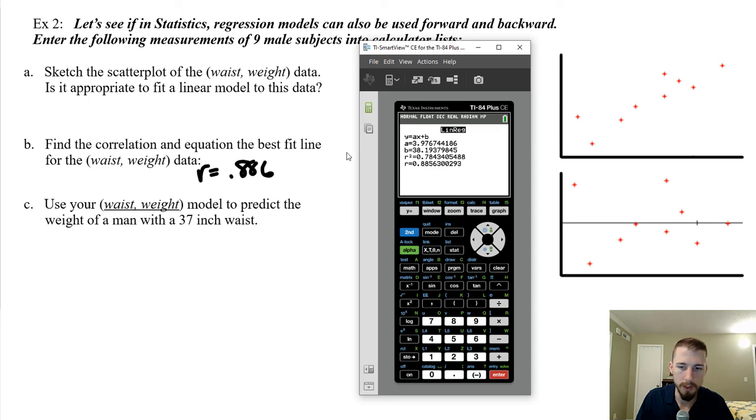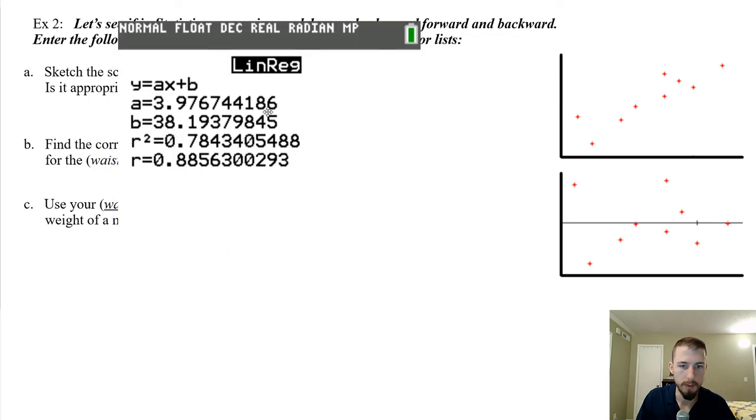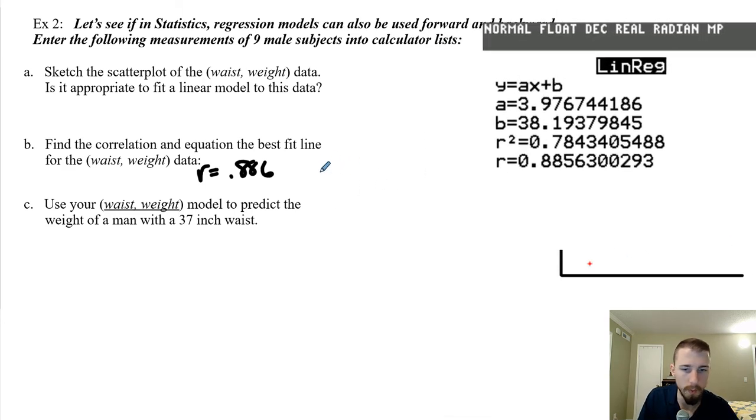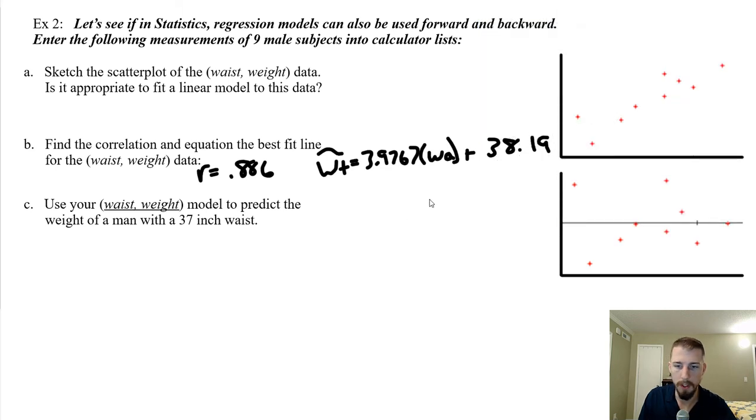If I'm writing the equation, we're predicting weight, so WT hat is going to be equal to the slope of 3.9767, I'm going to round, times the waist, so I'll do WA, anyway, plus the y-intercept, which is going to be 38.19. We're going to call that good. Okay, cool. So that's my equation, using weight and waist there.